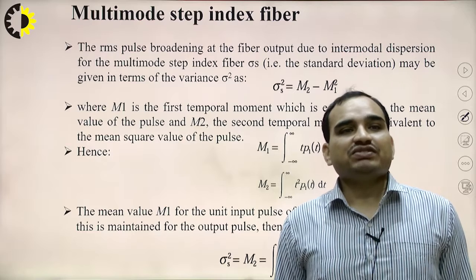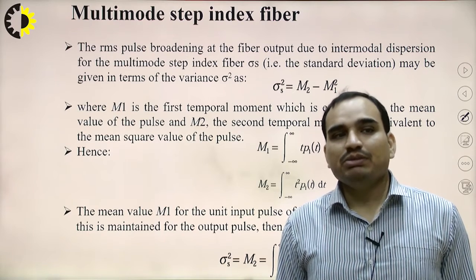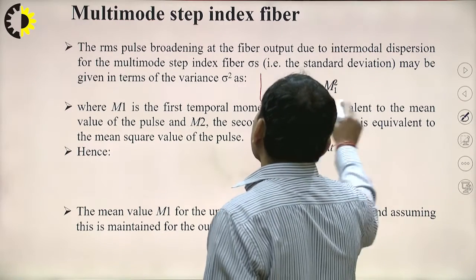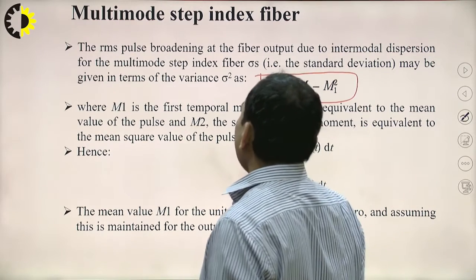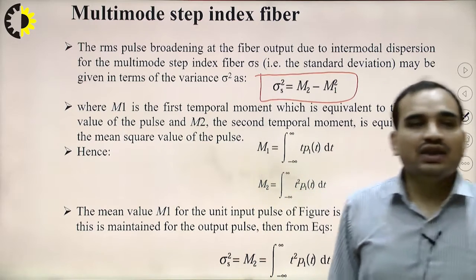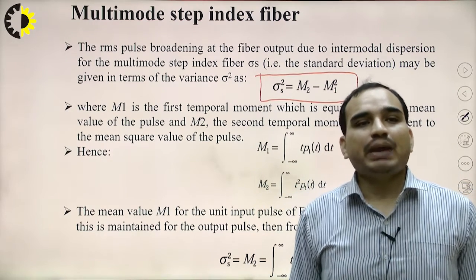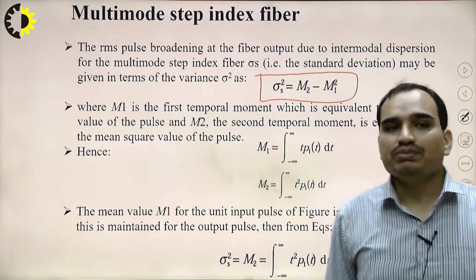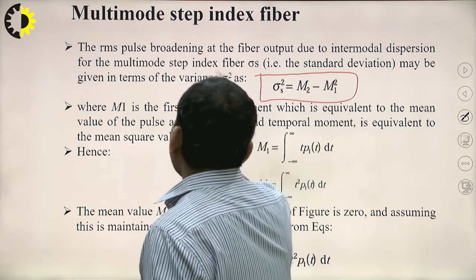The RMS pulse broadening at the fiber output due to the intermodal dispersion for the multimode step index fiber, that is sigma s, may be given in terms of the variance. So we have the variance, sigma s squared, equal to M2 minus M1 squared, where M1 is the first temporal moment, which is equivalent to the mean value of the pulse, given by the integration from minus infinity to infinity of t times p(t) dt.